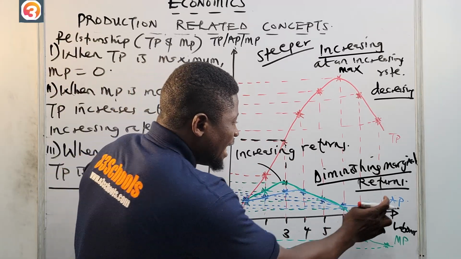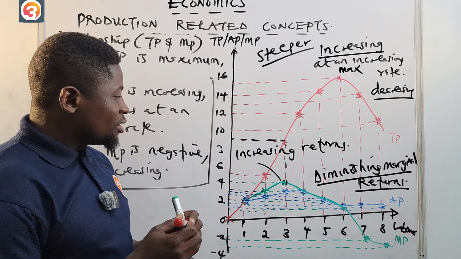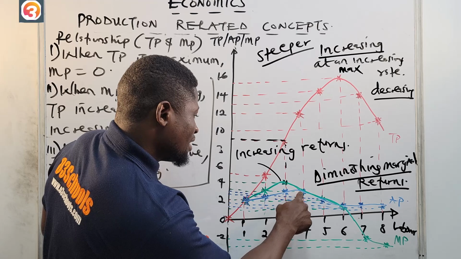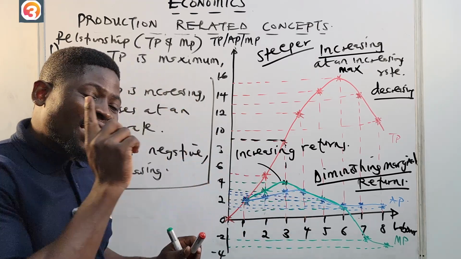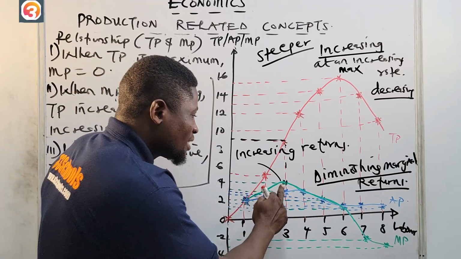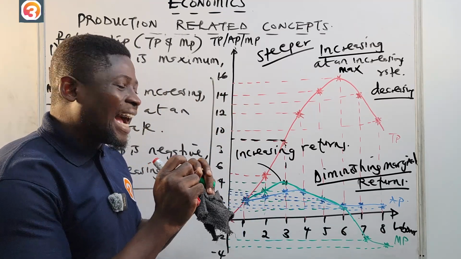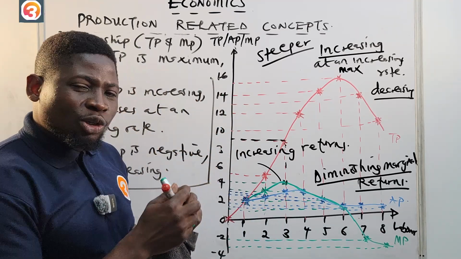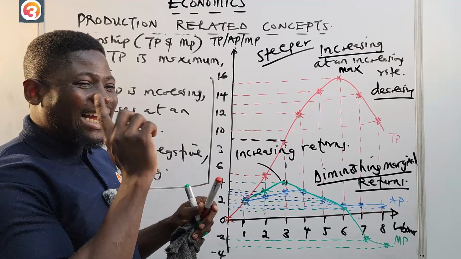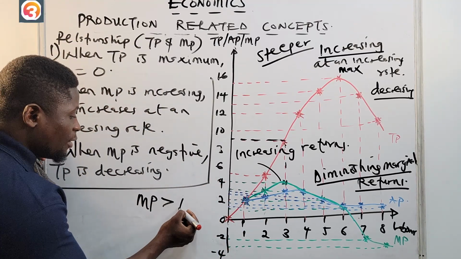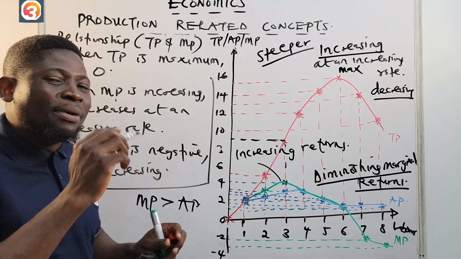Now also the AP, the average product, reaches its highest point. Where did it reach its highest point? It reaches its highest point when it crosses the MP curve. And what does this show? It means that at any point that MP is greater than AP, AP will be increasing.